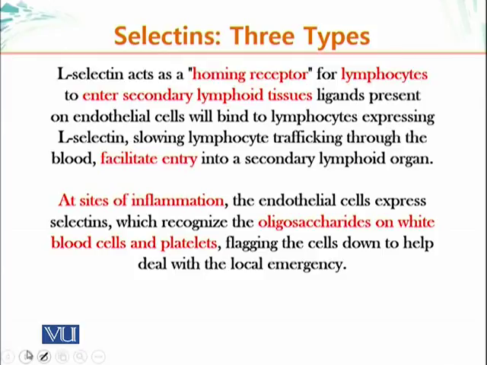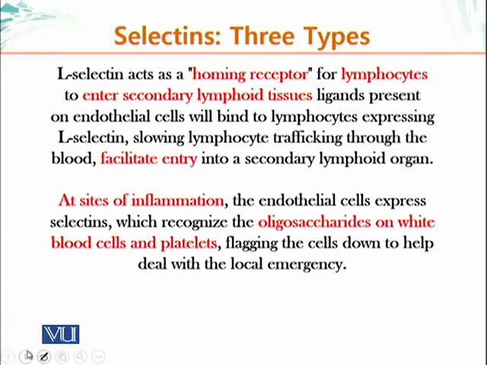This allows the lymphocyte to stay in the lymph nodes or the lymphoid tissue, so they can be activated. So these selectins facilitate the entry of WBCs in the secondary lymphoid organ. At the site of inflammation, endothelial cells express selectins which recognize the oligosaccharides on the white blood cells and platelets, flagging the cells down to help deal with the local infection.